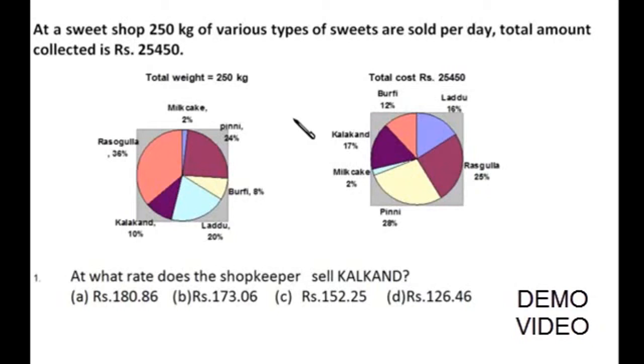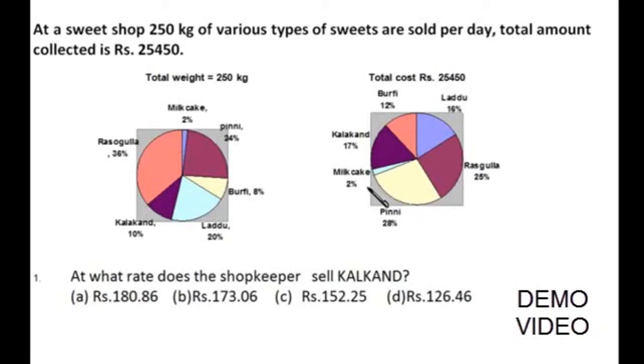Just for an example, 2% of 250 kilogram was milk cake. That is, out of the total weight 250 kilogram, milk cake was 2%. So what is 2% of 250 kilogram? That is 5 kilogram. And what is the cost? That is not per kilogram, but in the total cost, what is the contribution of milk cake?